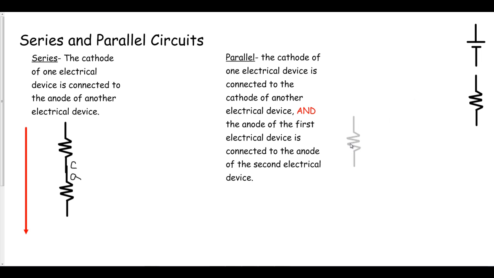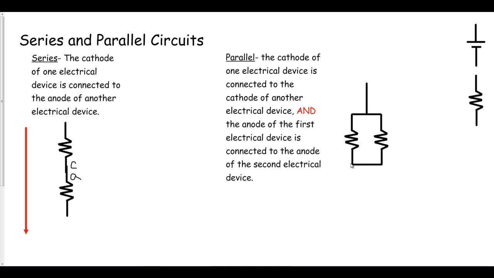Okay, so if I have two devices and I want to put them in parallel, the easiest way is to stack them horizontally, and then we connect them with a wire. Once again, my current flows down, and so that means that these two sides are the anodes because the electricity flows into them, and then it's going to flow out the cathodes right here.